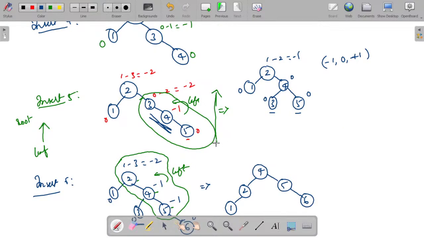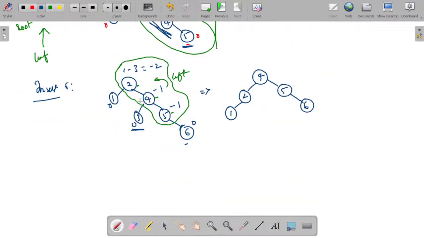First we have to balance from the lower order to the higher order. If you go upwards from this leaf node, this particular node is affected first. So we have to balance the balance factor for 3 first here, and then we should perform the rotation to balance this particular node. So it is always that you have to first balance the lower order subtrees and then go to the higher order. Okay.